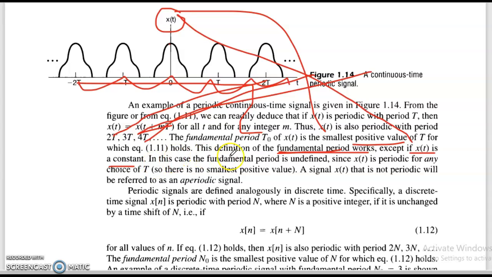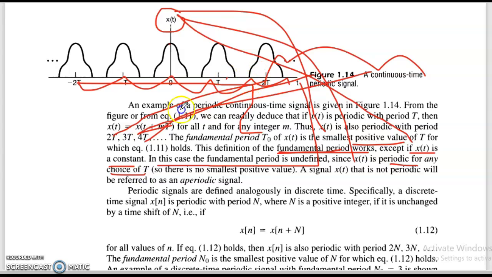In this case, the fundamental period is undefined. Since x of t is periodic for any choice of T, there is no smallest positive value.